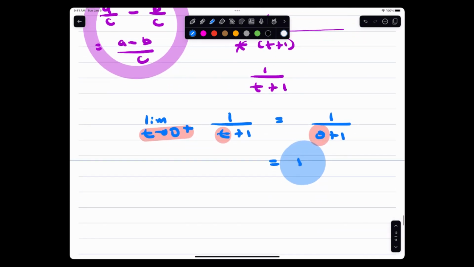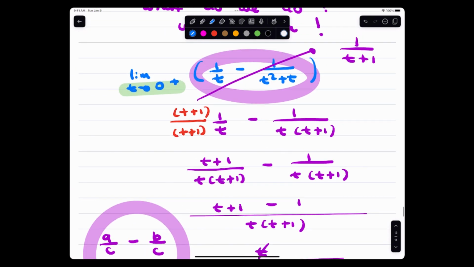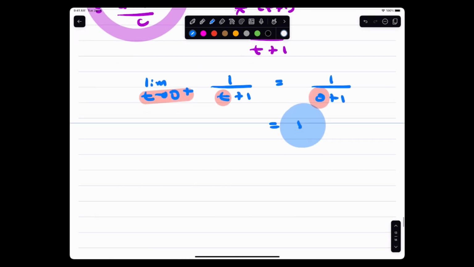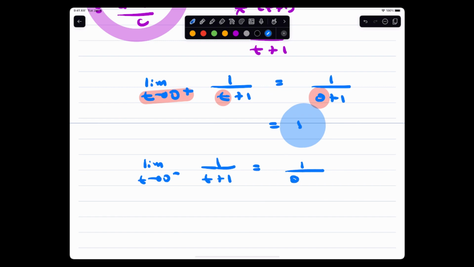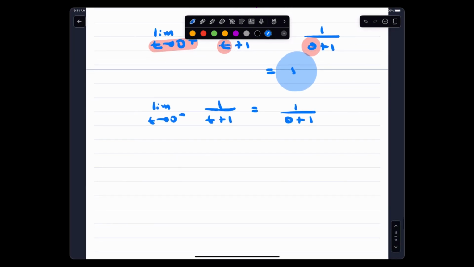Where are we at? What if they ask you the other direction? It's going to be the same. So in other words, the limit as t goes to 0 from the left of 1 over t plus 1, because the algebra was the same. As you plug in that 0, what do you guys get? 1 over 1, which is what? 1.